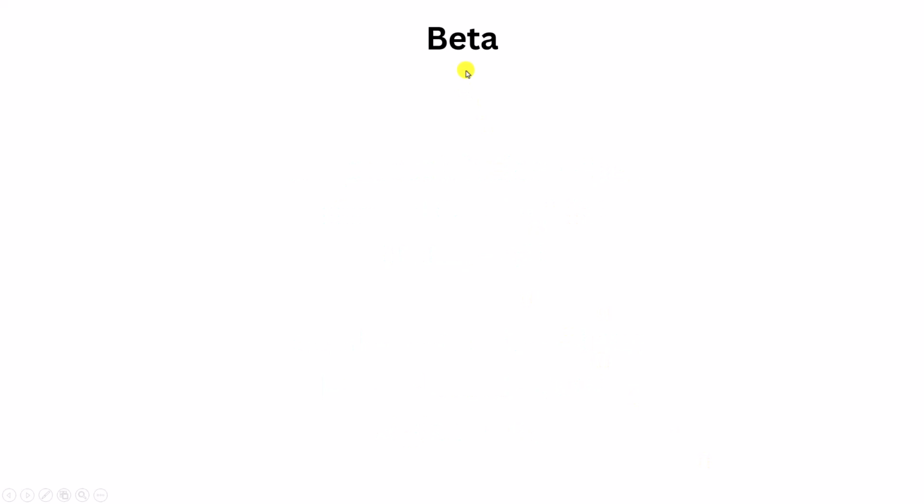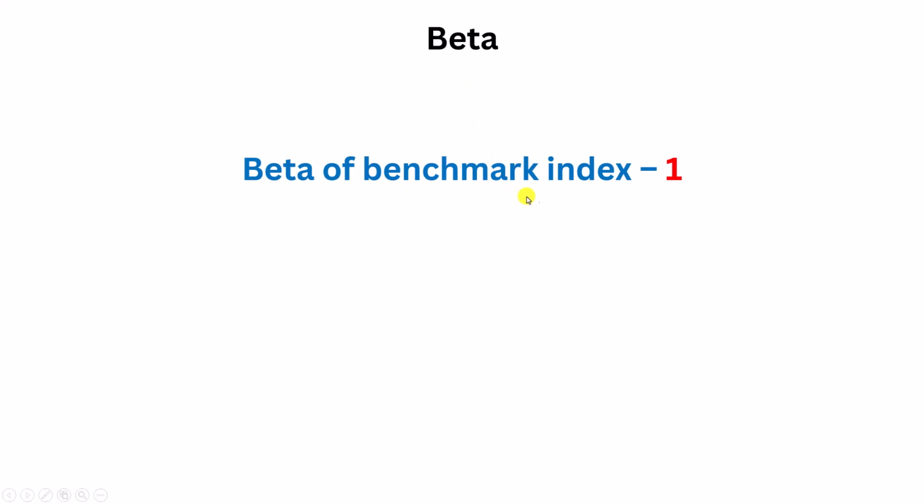Next is beta. It tells us how sensitive the mutual fund is when compared with the index. The beta of the benchmark index will always be 1. Now, if the beta of the mutual fund is 1, then what does it mean?